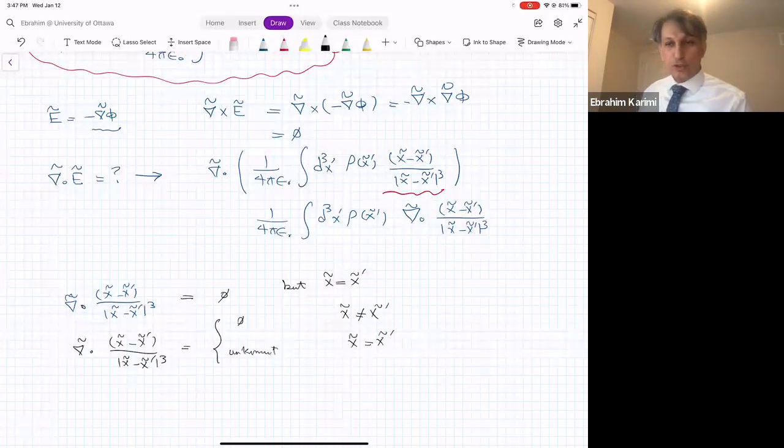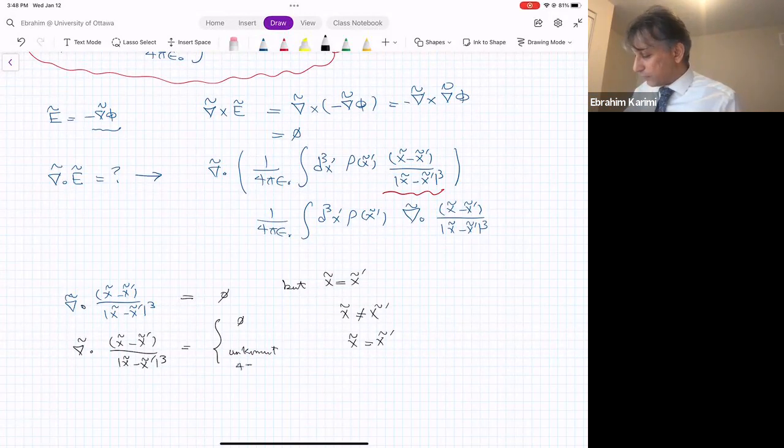Then what you do, you use the Gauss theorem, bringing from the volume to the surface, and you will get that it will be equal to 4 pi. And you say that this is 4 pi delta of x minus x prime. Okay? It is a Dirac delta.